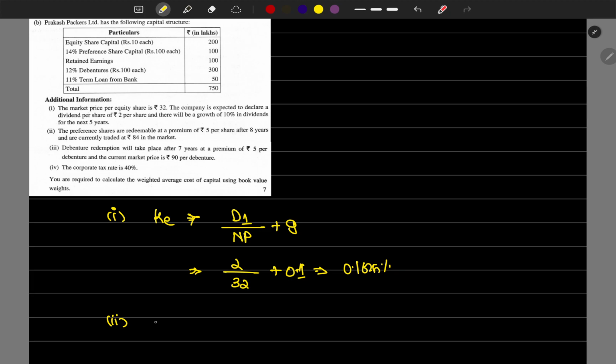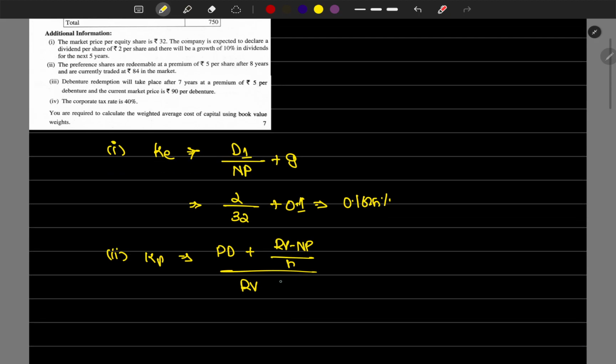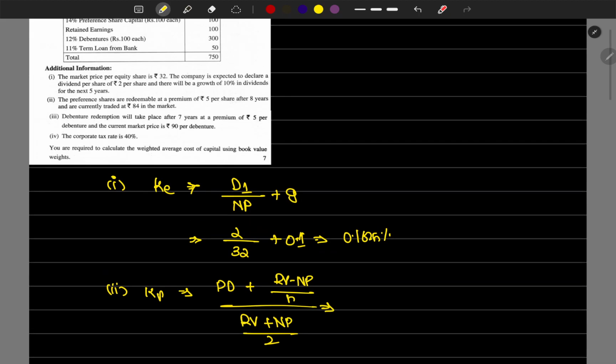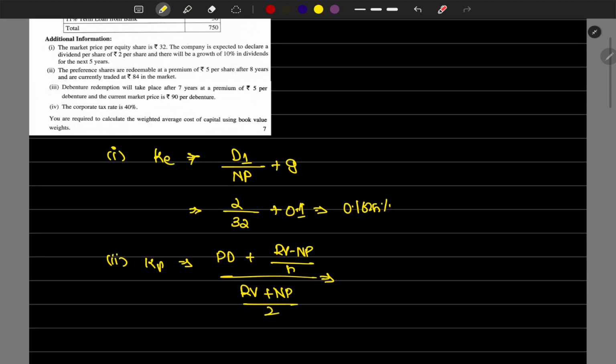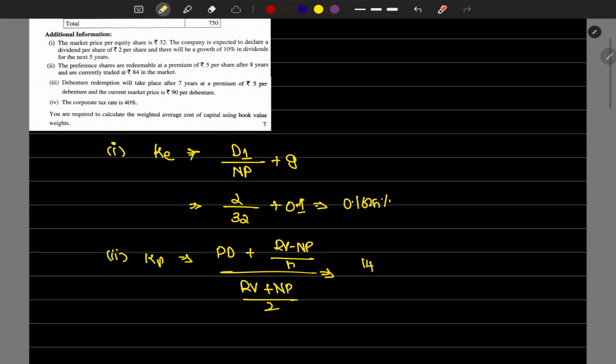Then we have to find out the KP. The formula is preference dividend plus (RV minus NP) divided by N, divided by (RV plus NP) divided by 2. The preference dividend is 14% of 100, which is 14 rupees.